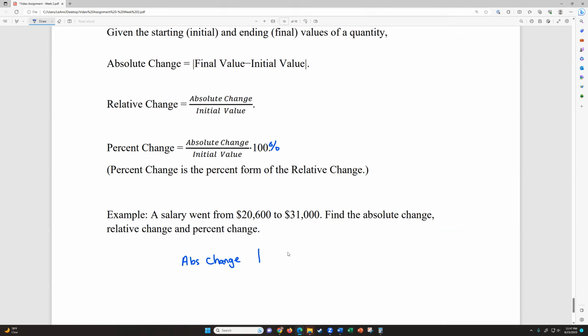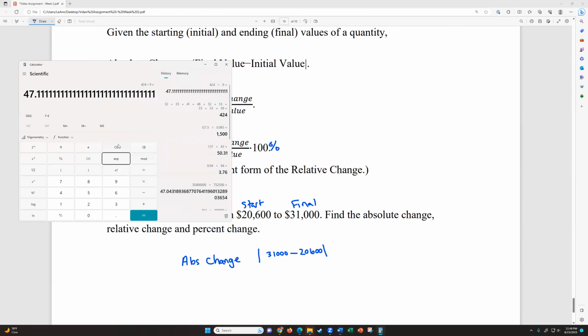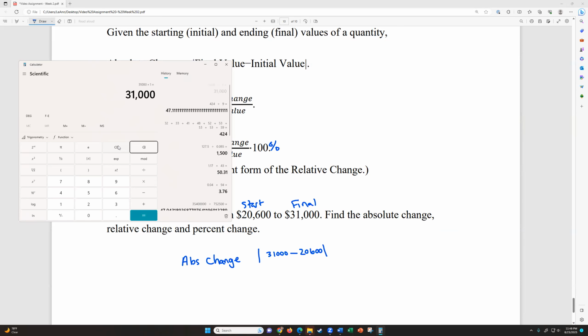But our final value is this one, and this was our starting value. So we would do 31,000 minus 20,600. We're going to take the absolute value of that, which just means distance from 0. So you report the positive of whatever number you get inside. Oops, not times. Sorry.